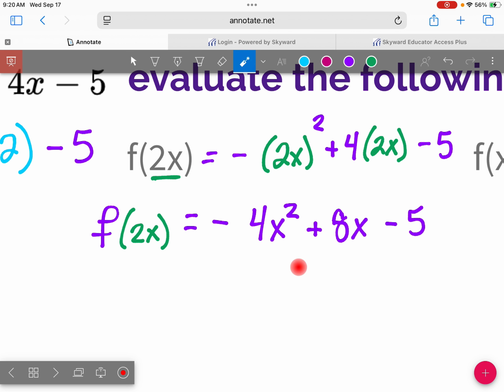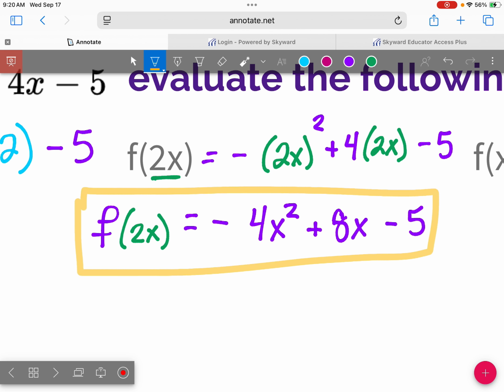Is there anything else we can simplify? Nope. That's our answer. There's no more parentheses to simplify. We don't need to try and factor this to solve. We aren't asked to solve it. All we got to do is get rid of our parentheses.